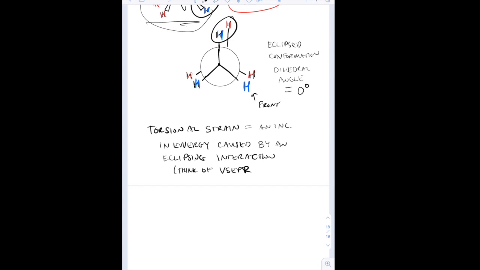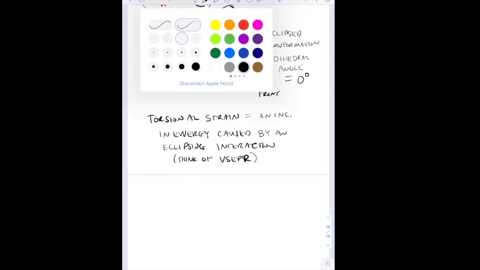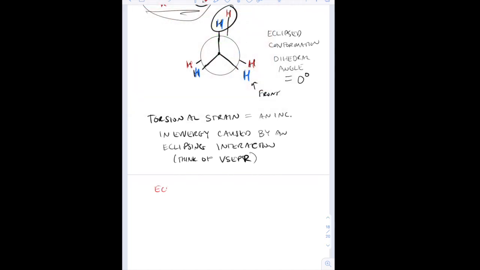Think of valence shell electron pair repulsion. VSEPR theory says that you've got to get these guys as far away from one another as possible, and that's going to minimize the energy. And so basically what we mean is eclipsed equals high energy, and then staggered equals low energy conformation.